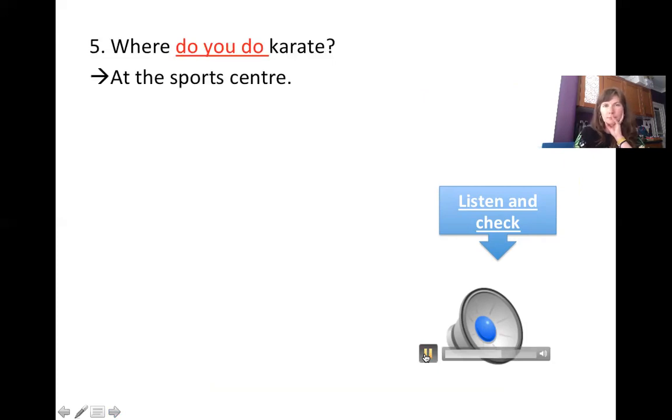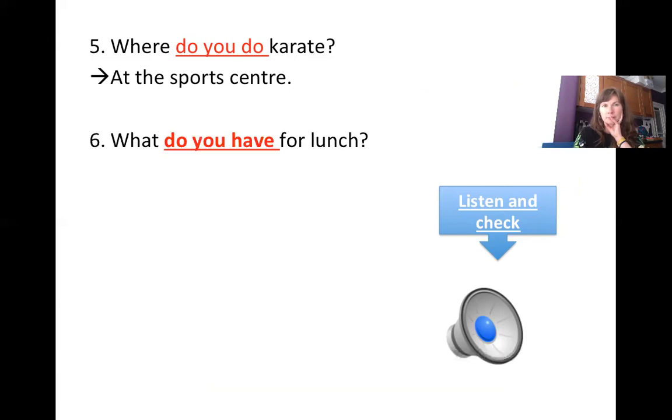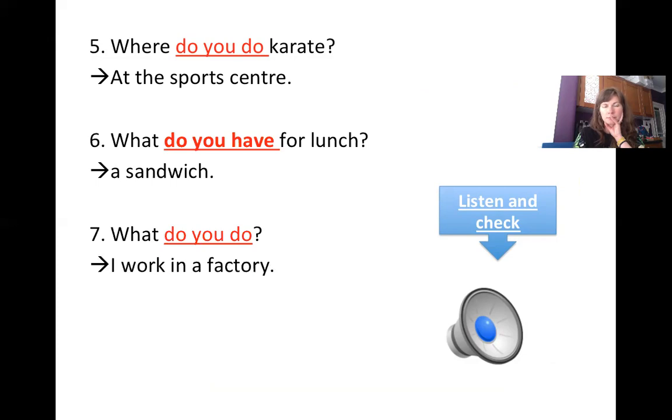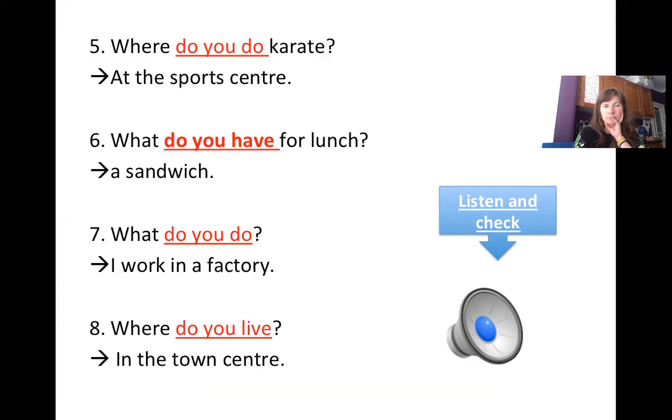At the sports center. 6. What do you have for lunch? A sandwich. 7. What do you do? I work in a factory. 8. Where do you live? In the suburbs.